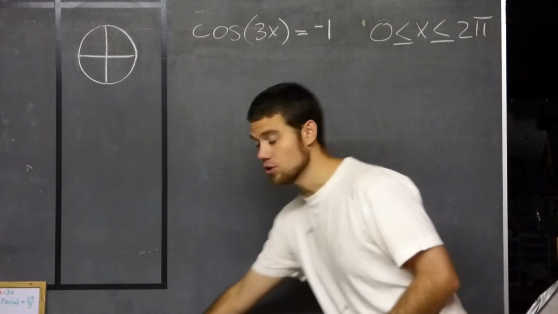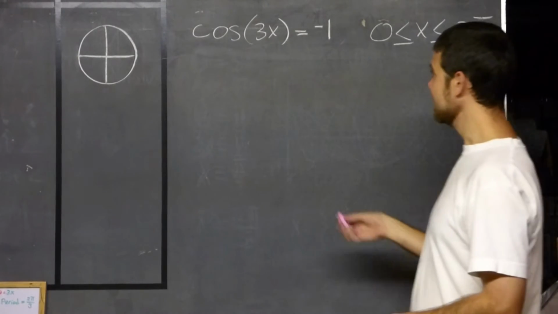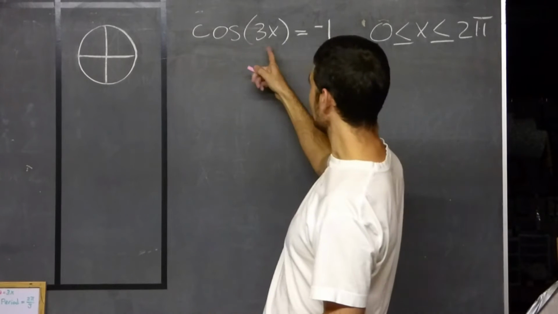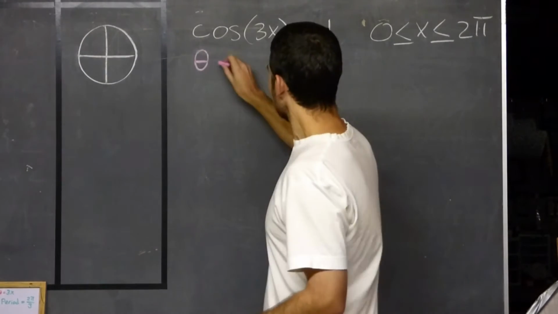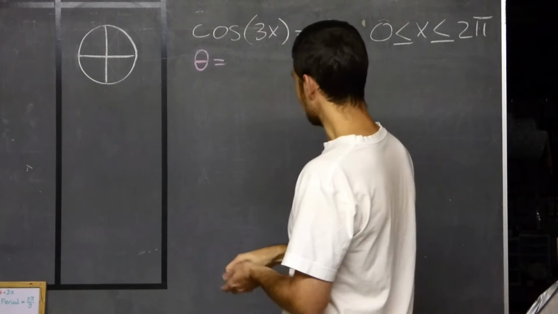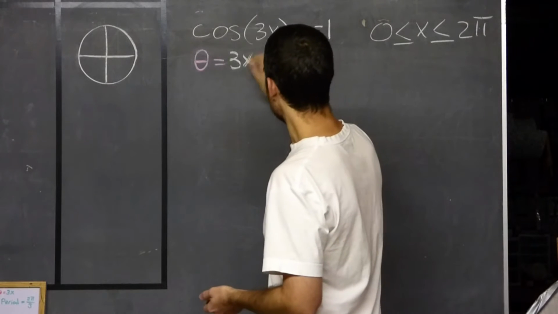the first thing we want to do is make a substitution that will make our lives easier, which is always happy. So we're going to substitute theta for 3x. So we'll say that theta is 3x.